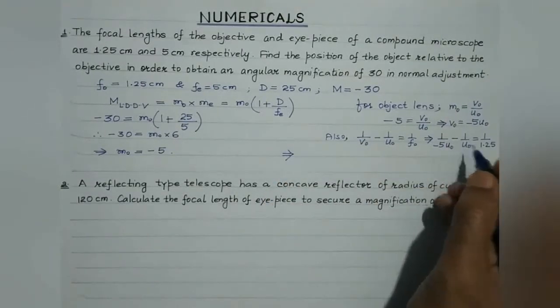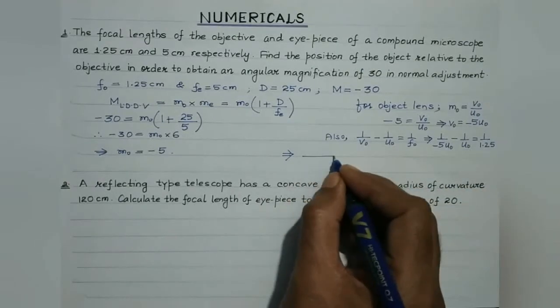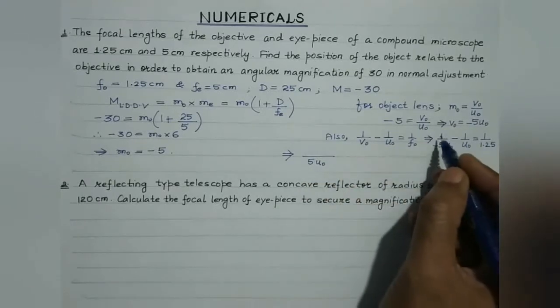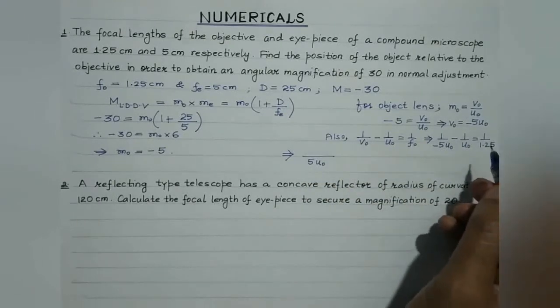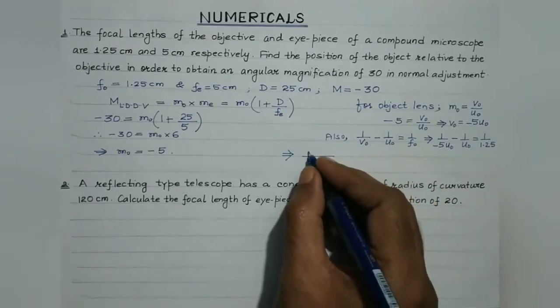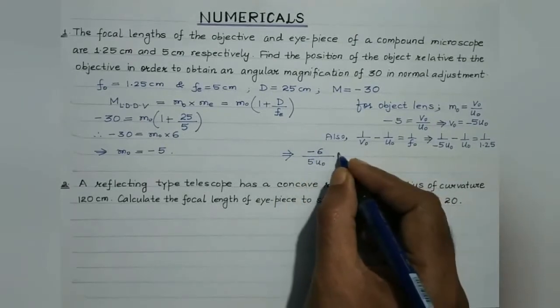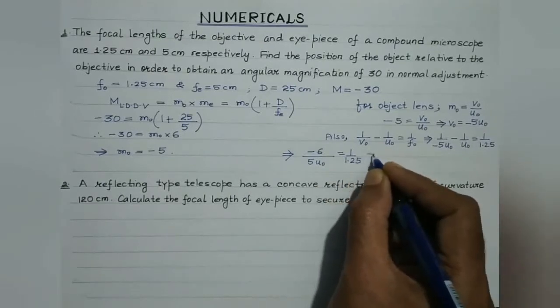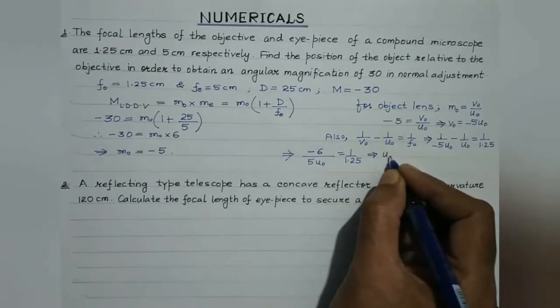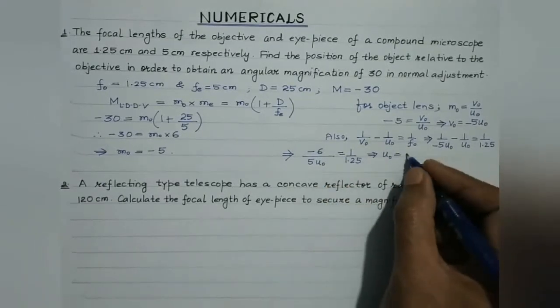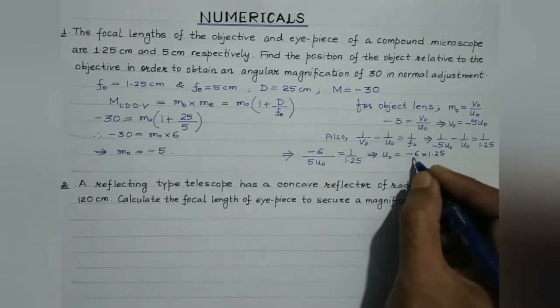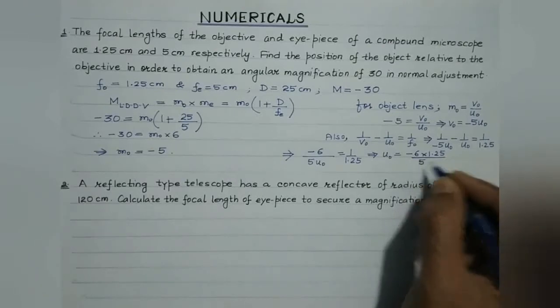It will give us, considering LCM, 5 U0, right? Then it will be minus 1 minus 5, that is minus 6, and 1 over 1.25, which further implies that U0 is equal to minus 6 into 1.25 divided by 5.